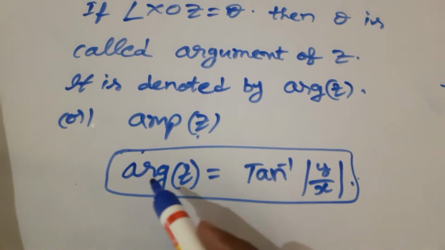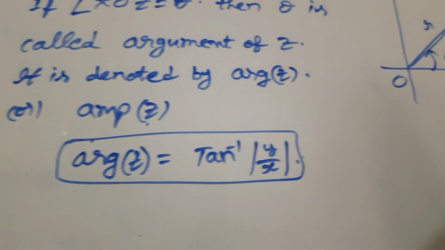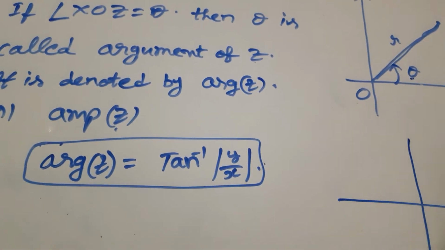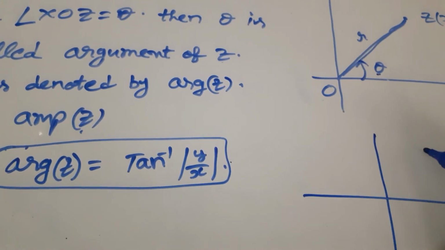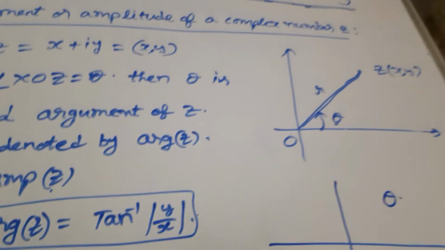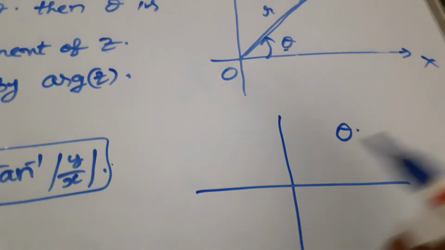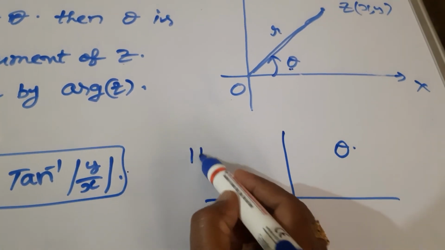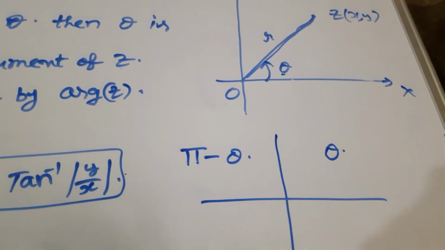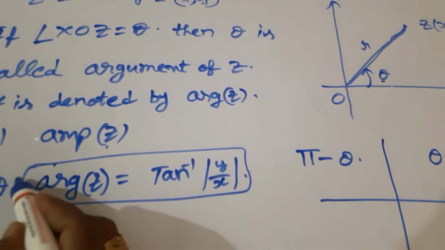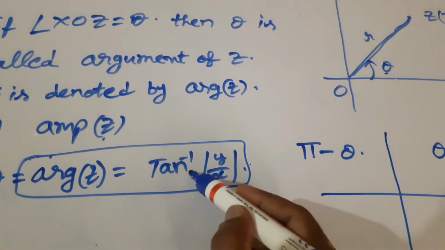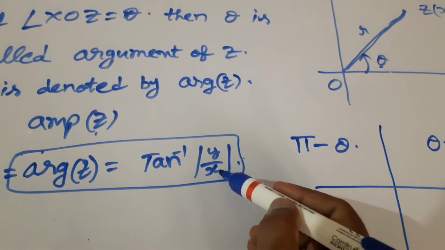This is the general formula for argument. In first quadrant, argument is theta only. In second quadrant, argument formula is pi minus theta. Here theta is tan inverse of modulus of y by x.